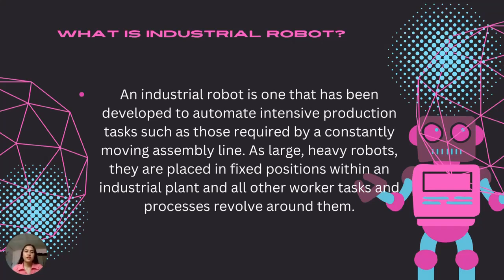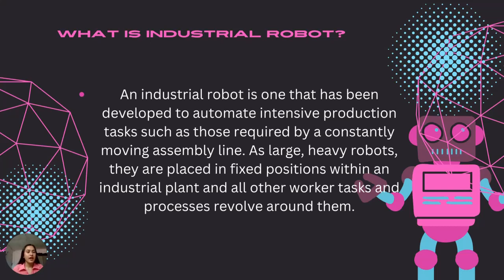The definition of an industrial robot system has evolved considerably in recent years. In order to determine what an industrial robot is, it is useful to consider the changes from their origin to the present day. An industrial robot is one that has been developed to automate intensive production tasks such as those required by a constantly moving assembly line.